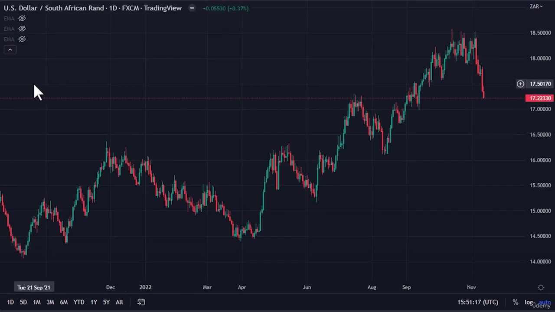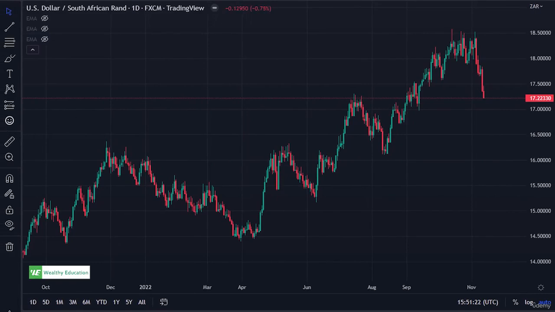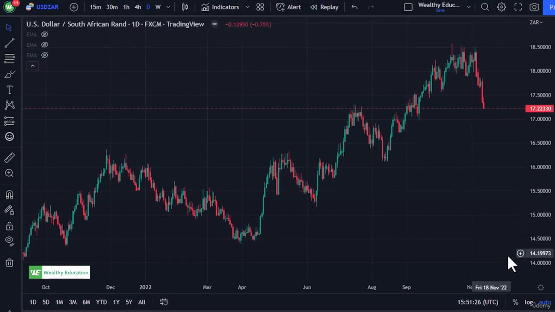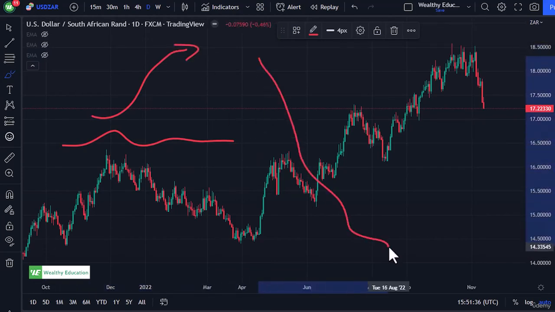There is a term called momentum, which traders use quite a bit, and momentum just means exactly what you think it would. Whether the market is going sideways or has true momentum, up or down, it really doesn't matter. Both have momentum.